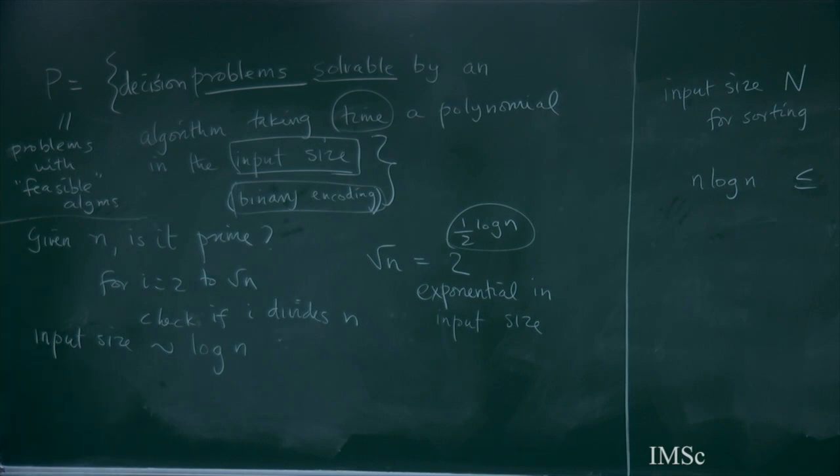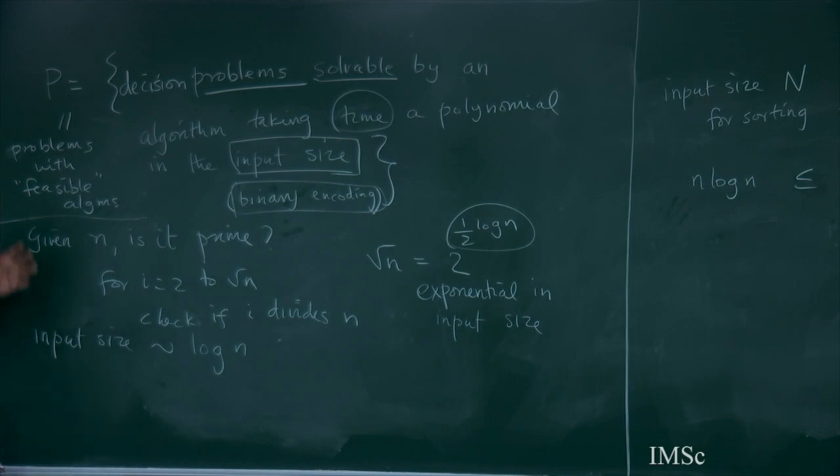In fact, there are people who believe that everything in P has an n log n algorithm or something. Okay, not clear, but that's one reason why it's feasible, because in practice, whatever problems we have seen that are solvable in polynomial time are actually solvable in some small polynomial time, where the n power exponent is small.